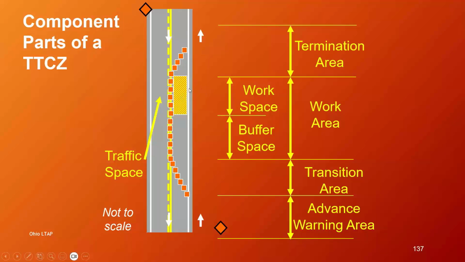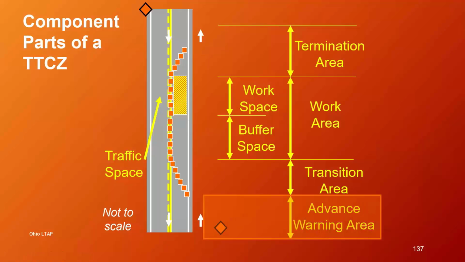Then we arrive at the workspace, and then over here on the left is where the traffic is driving. That's the traffic space. And then our termination area at the top, you see another short taper, and then there'll be another sign that says end road work. That sign is actually required in a flagging operation so that the motorists know that they no longer have to be on the lookout for a flagger or any other workers.